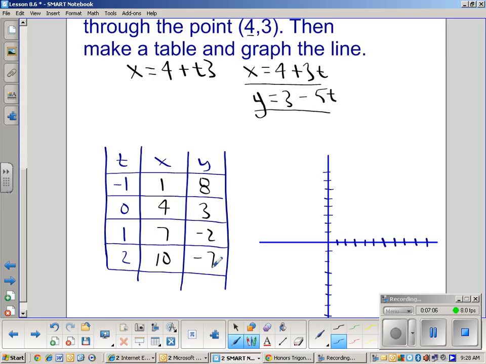Now we're going to plot these ordered pairs. (1, 8) and (4, 3) and (7, -2) and (10, -7).